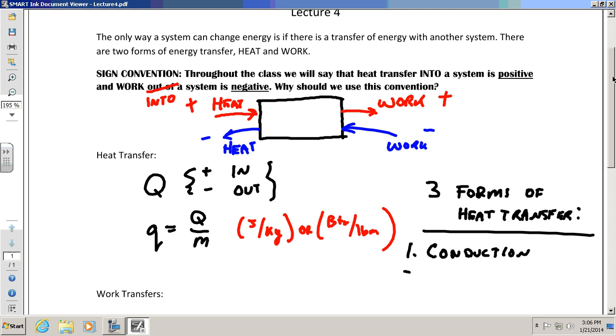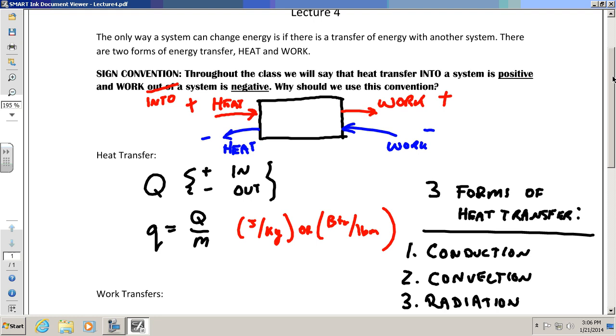Remember any of the others? Radiation. I'll call that one number 3. What's that? Induction? No, that's not heat transfer. That's something else. Convection. Yes. Conduction, convection, radiation.